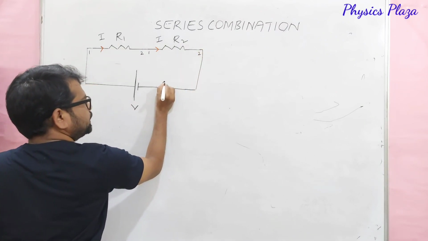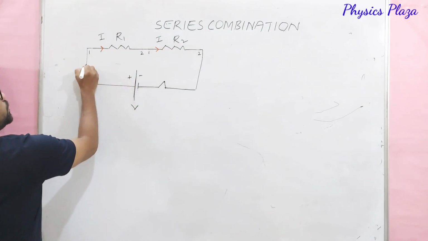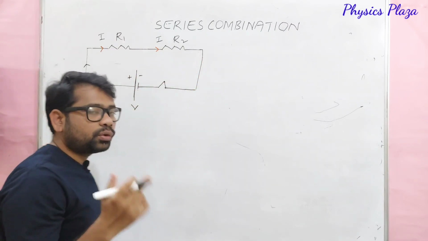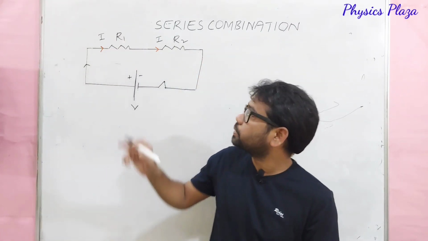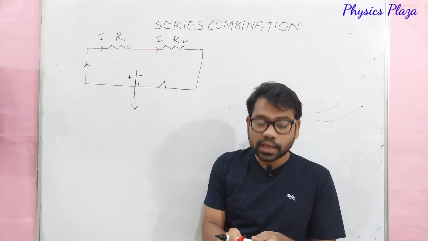The moment we turn on the switch, the current I can pass through this. But we notice that the same current passes through R1 and R2. Then we can say that the 2 resistors are in series.